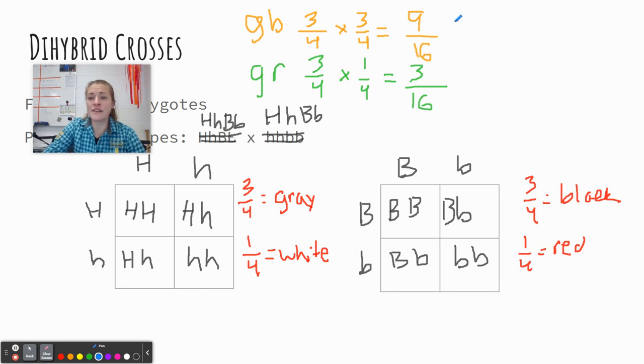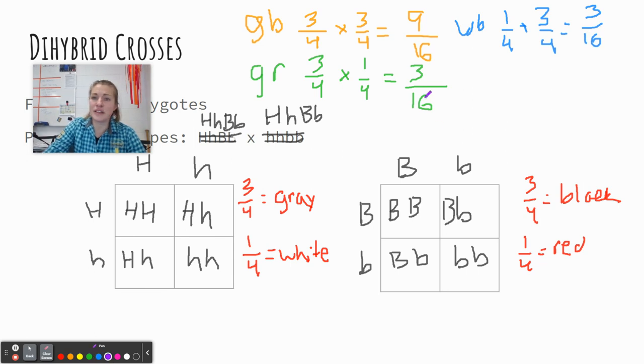Now, if I want to see my white with black eyes, I have a 1/4 chance of getting white hair, 3/4 chance of getting black eyes. So 3 times 1 is 3. 4 times 4 is 16. 3 out of 16 chance.